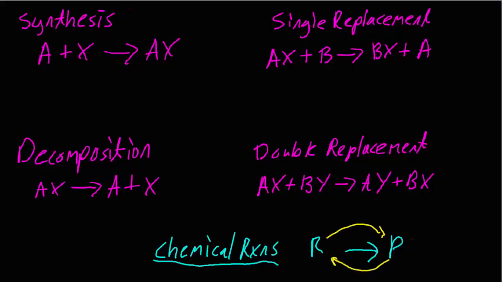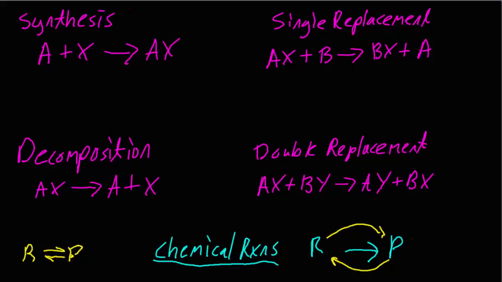It's kind of a weird thing, but they're reactions that go both ways. Sometimes you'll see reversible reactions, and you'll see that by a double-sided arrow. It just means that those reactants will turn into the products, but those products are going to react and turn back into the reactants.